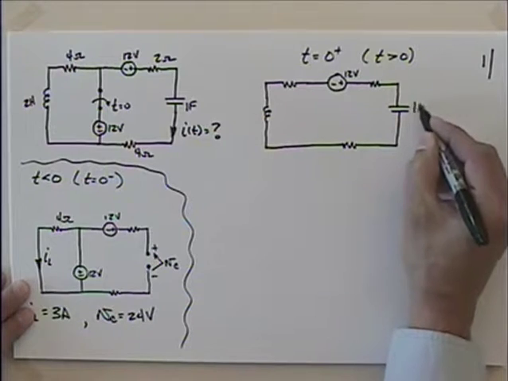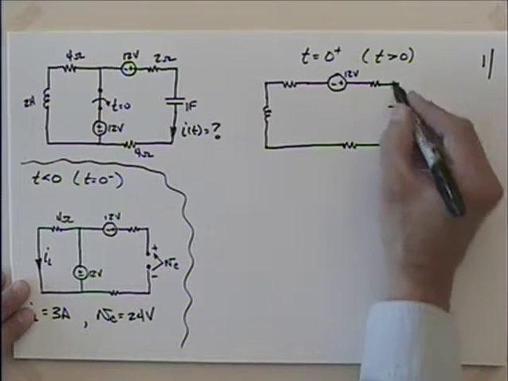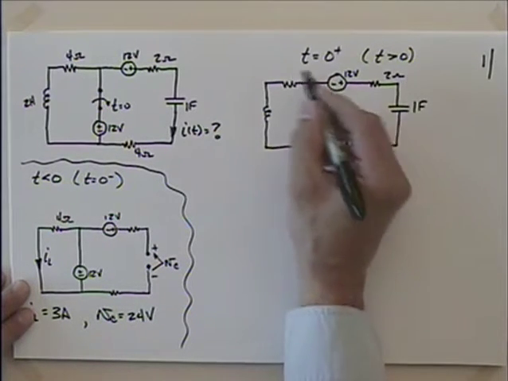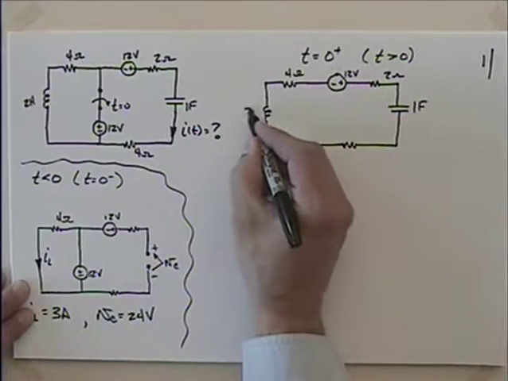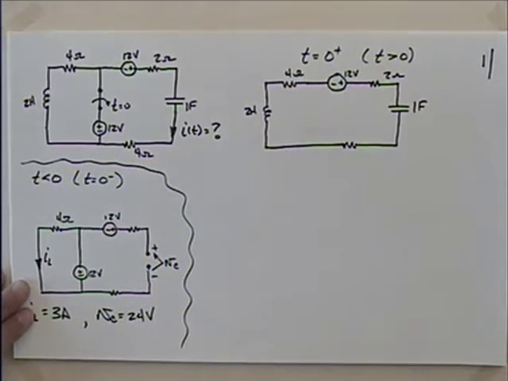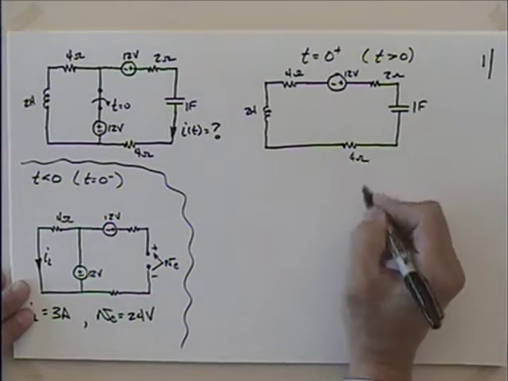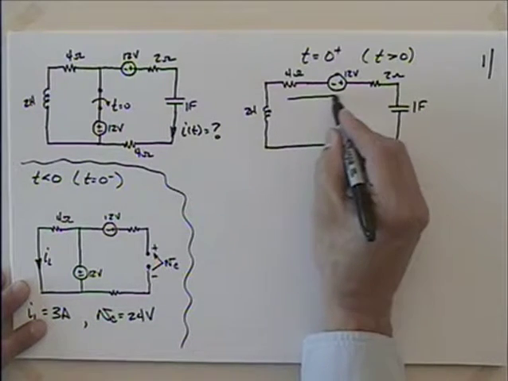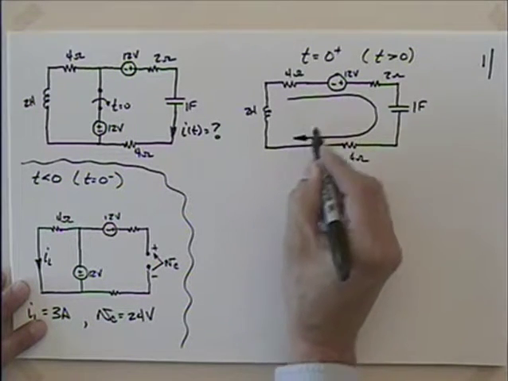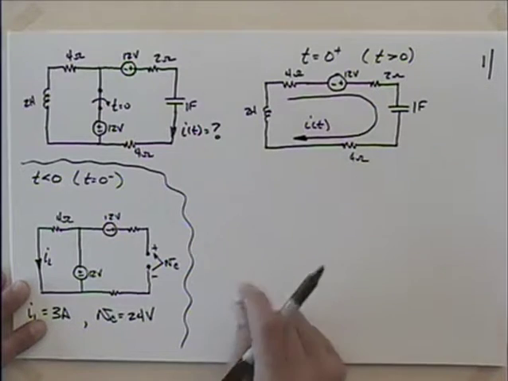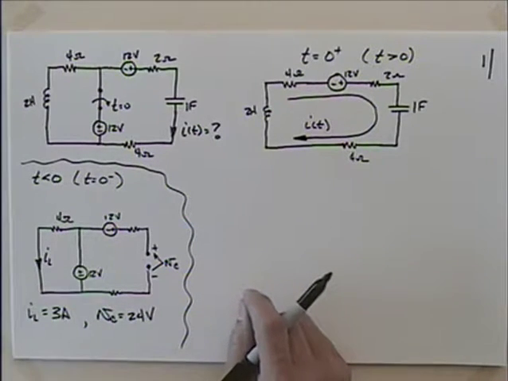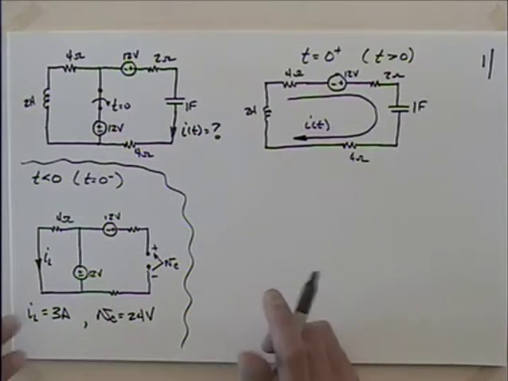A one farad capacitor is not realistic, but it makes our numbers easier. 2 ohms, 4 ohms, 2 henries, probably not realistic either, 4 ohms. I said that I'm going to look at this current going around here, and talk about this as I of t.